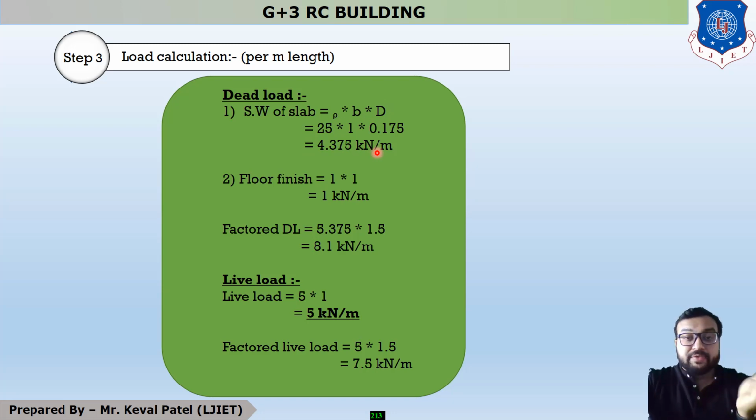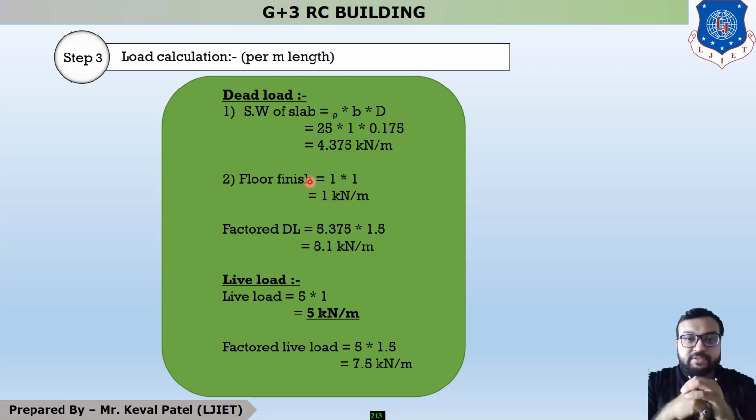After that, our second dead load is floor finish. It is already discussed that whenever floor finish is not given in the question, then you have to assume that the floor finish is 1 kilonewton per meter square. But all the loads on a slab have to be in the form of UDL.